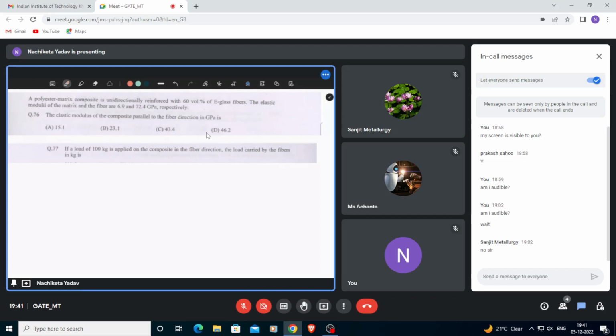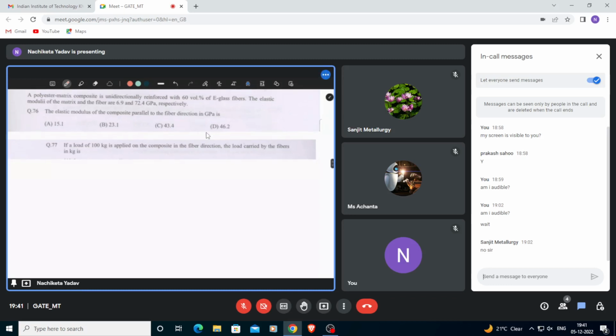Here a polyester matrix composite is unidirectionally reinforced with 60 volume percent of e-glass fiber, so VF is given, 60 volume fraction of fiber.